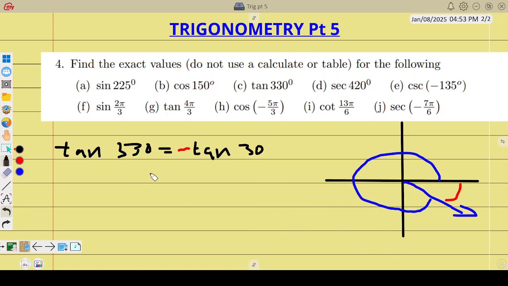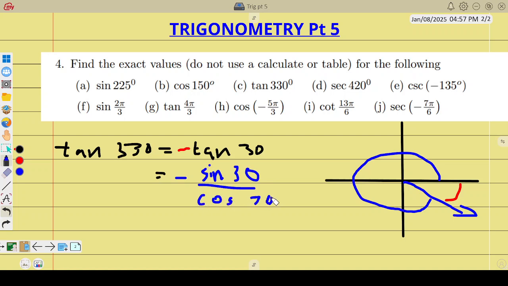So how do you find tan? We're going to write negative. So you know tan is simply sine theta over cos theta.